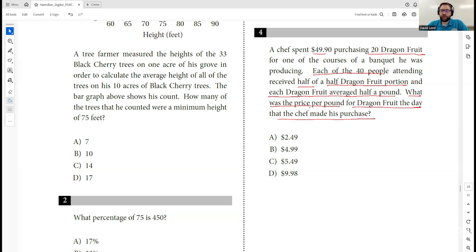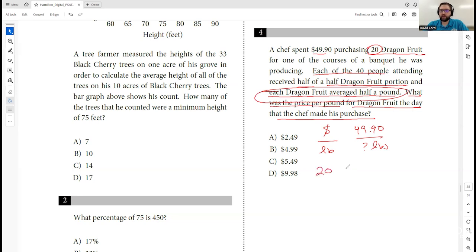Okay, so we want price per pound, so we want to have the money per pound. So let's go through the process. We know we spent a total of $49.90, but we don't know how many pounds that was. So let's see if there's a way we can figure that out. All right, well, we know that there's 20 dragon fruit, and each dragon fruit weighed an average of half a pound.